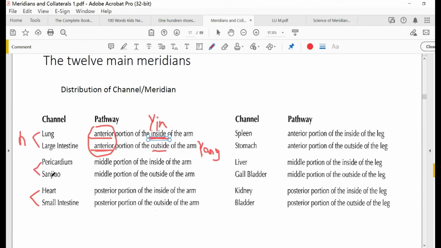PC and Sanjiao, triple energizer. The third one. So this one is the third one, and this one is the second one. The first one is anterior, the second one posterior, the third one in the middle.